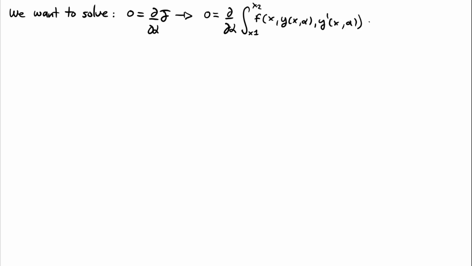For this, we take the derivative of the integral with respect to alpha and set it to 0. Since the integral is not with respect to alpha and alpha is effectively a constant, we can take the derivative inside the integral.